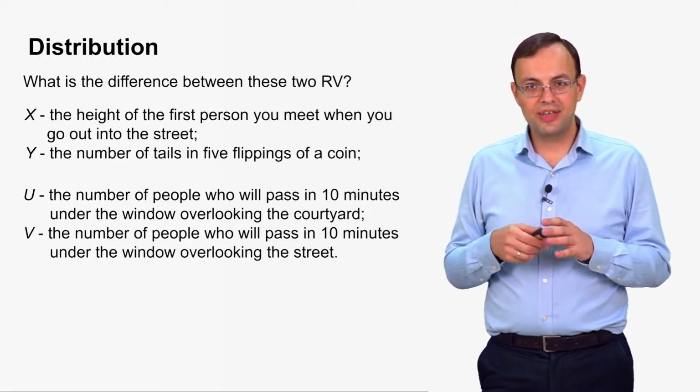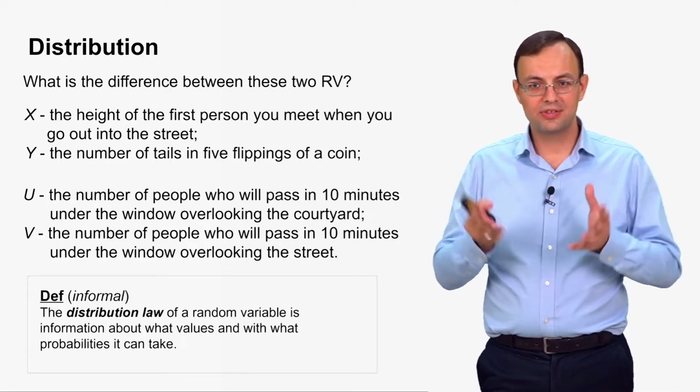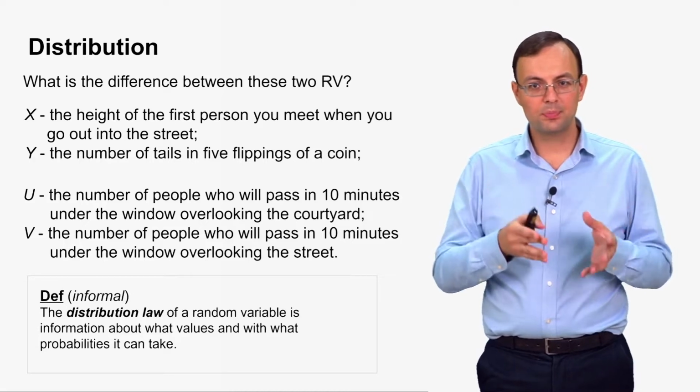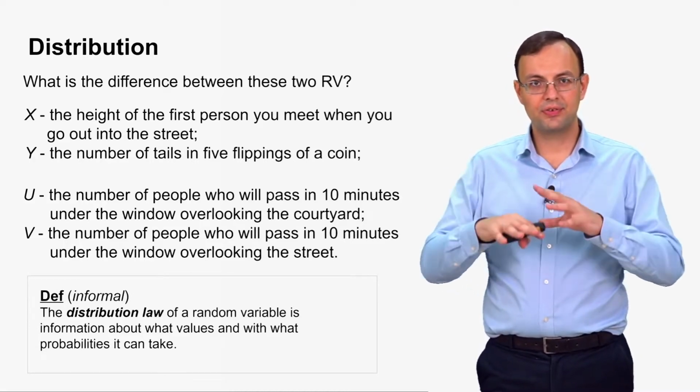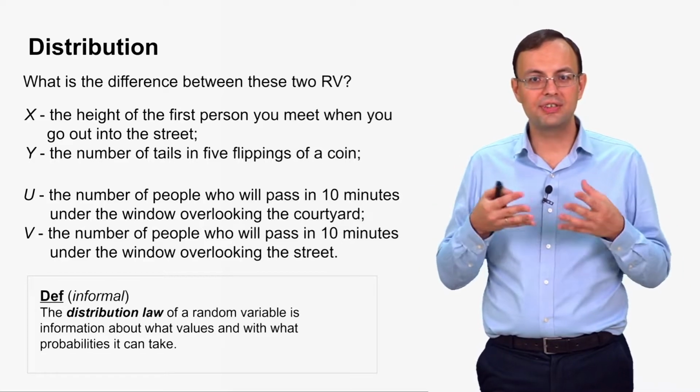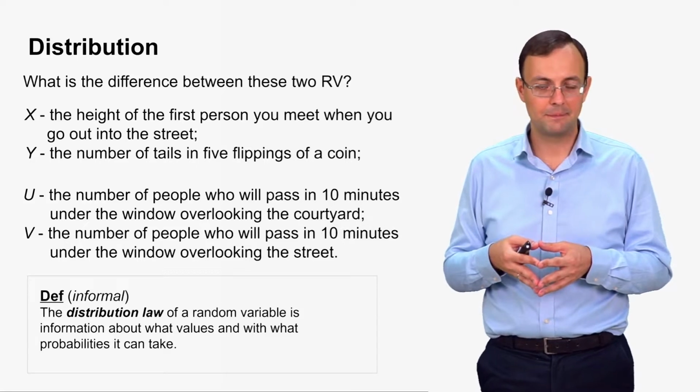And so this information in general, so what values and with what probabilities a random variable can take, is called the distribution law, or simply a distribution of a random variable.